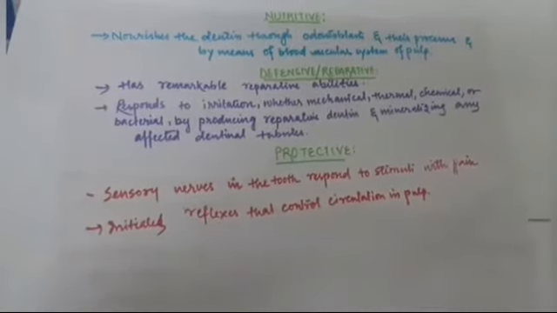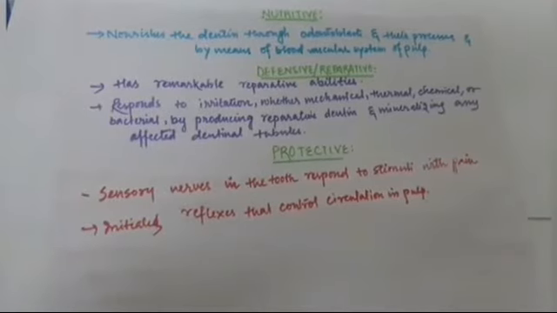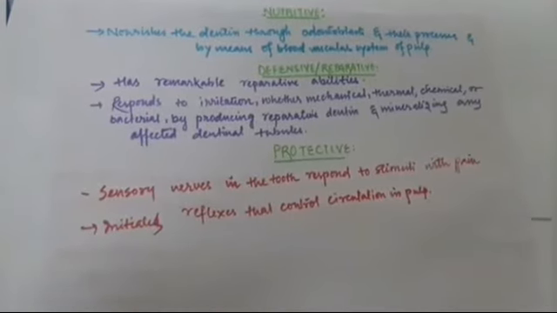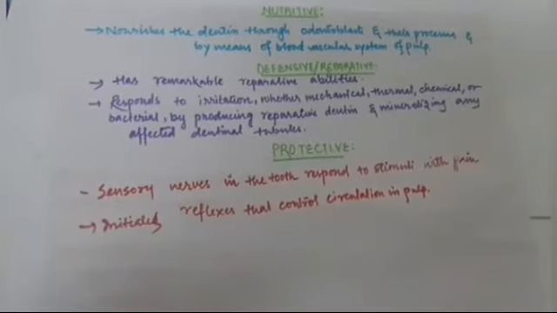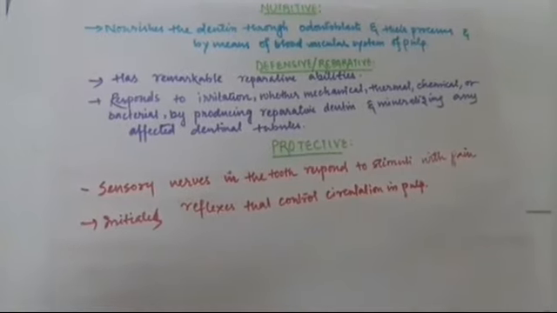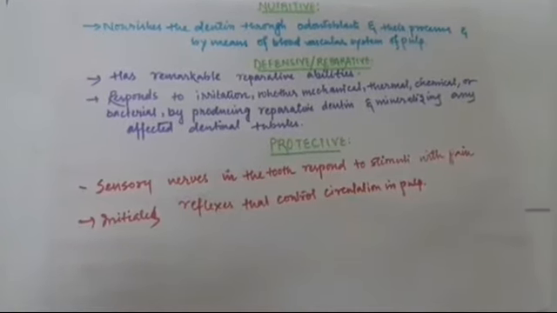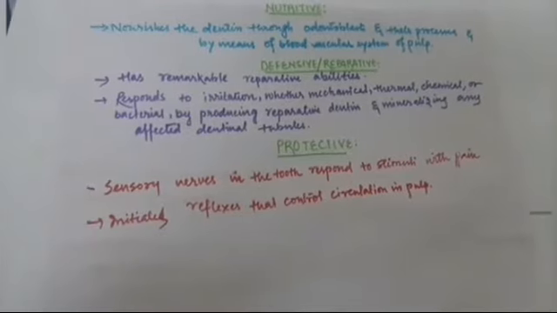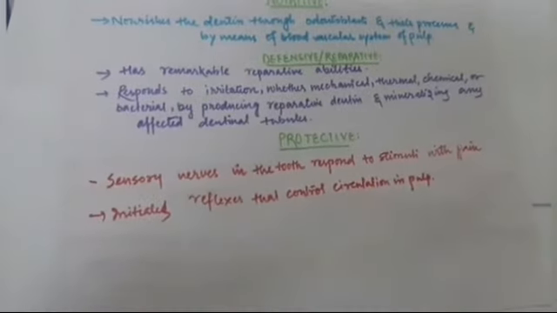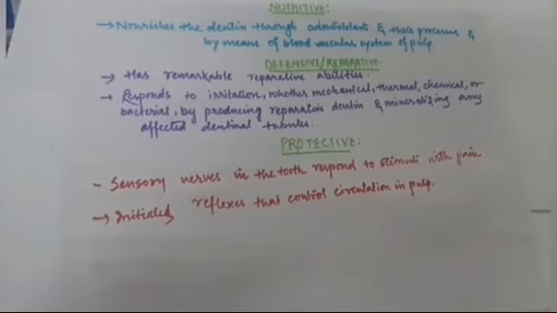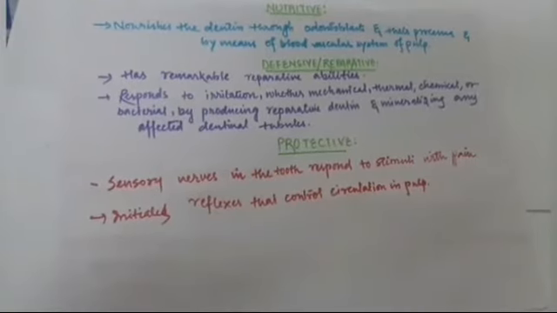The third function is the nutritive function of the pulp. As we know, the pulp nourishes the dentin through the odontoblastic cells and their processes and by means of the vascular system of the pulp. Coming to the defensive or reparative function, the pulp has remarkable reparative abilities.